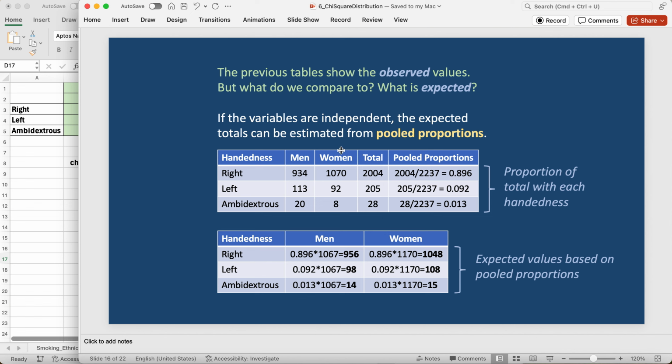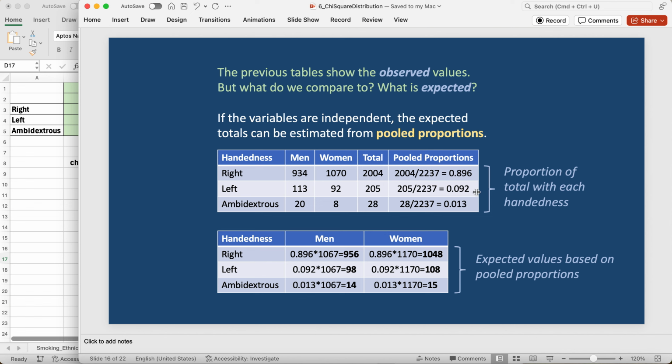And so you add the men and the women all together, there's 2,237. So in each case, we're taking the total in the handedness category, and we're dividing by the total number of people in the sample. And that's going to give us proportions that we can use as our expected proportions.